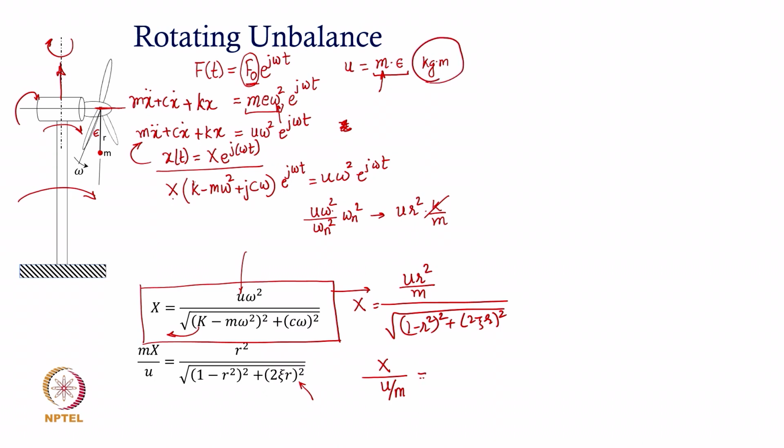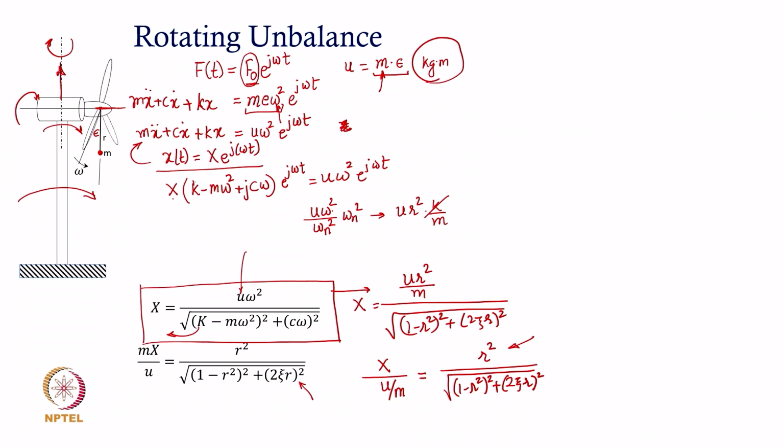So, that makes this response dimensionless or normalized with respect to the constant quantity, which is u over m, assuming that the unbalance is constant, and of course, the mass is as well. So, you are left with what? r square upon square root of 1 minus r square whole square plus 2 zeta r whole square. That is our usual expression, except for the fact that in the numerator, instead of 1, you have r square.